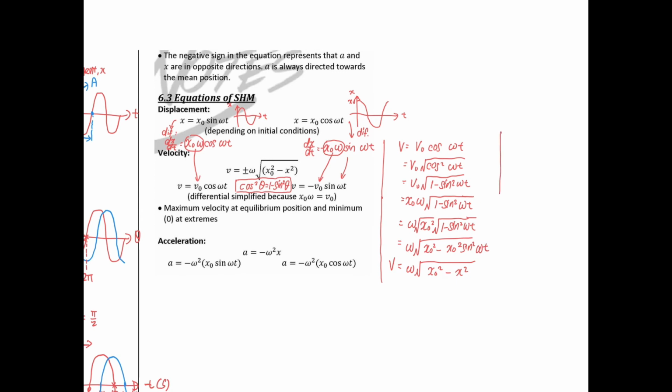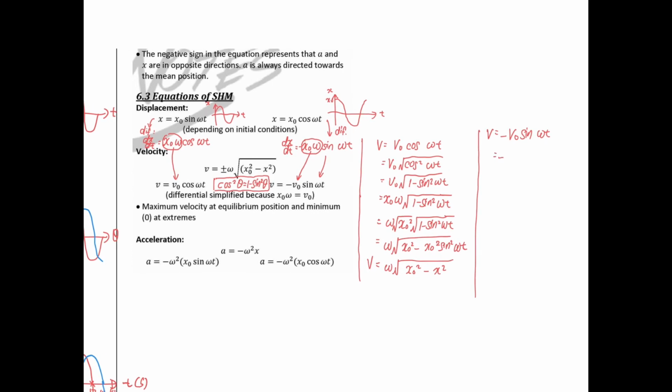I'll do it at the side here. v equal to minus v naught sine omega t. I do the similar thing: I purposely change it to sine square and square root it again so that I can use the identity, which is 1 minus cos square omega t.